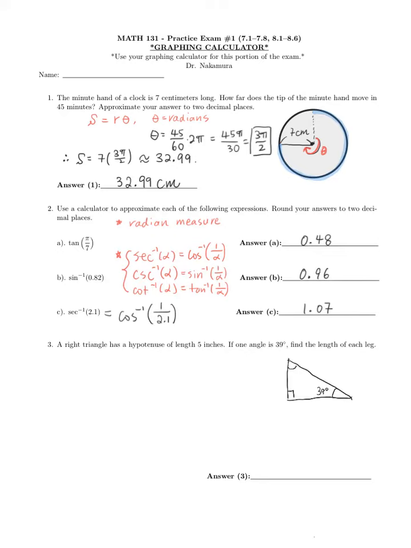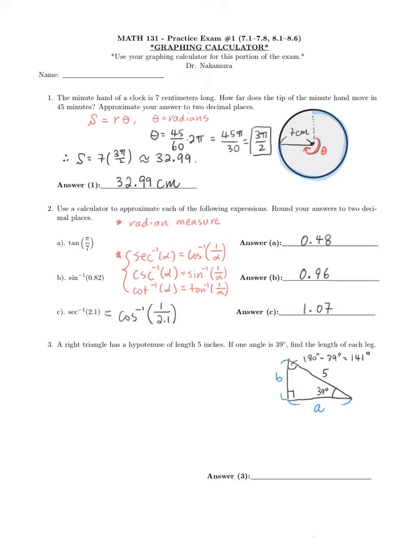So this angle right here should be 180 minus 39, which is 141 degrees. And you're given that the hypotenuse is 5. So what you're asked to find is this length and then this length. So let's just call this one A, let's call this length B.